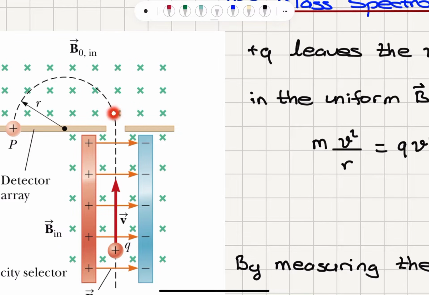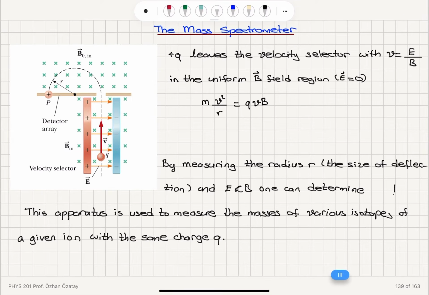The magnetic field vector points into the page, the velocity vector is in the page, so it's always perpendicular to the magnetic field.